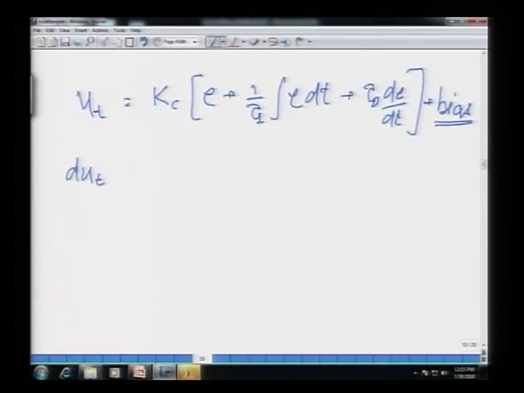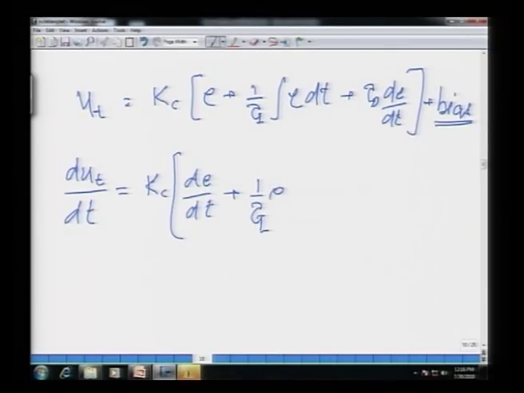If you differentiate this equation, you get du by dt equals, the bias is a constant so it goes away, Kc times dE by dt plus 1 by tau I times the differential of an integral, which disappears, giving E, plus tau d times d2E by dt square, the second derivative of the error.